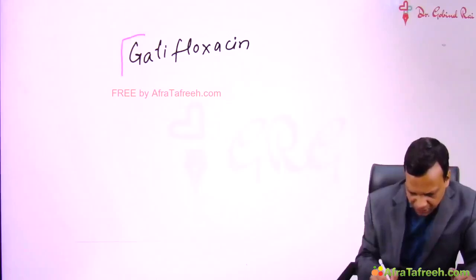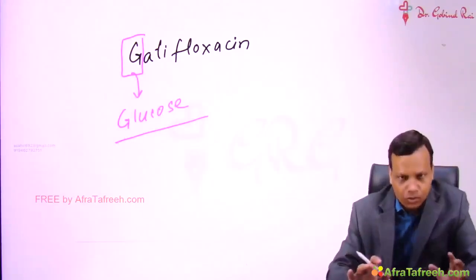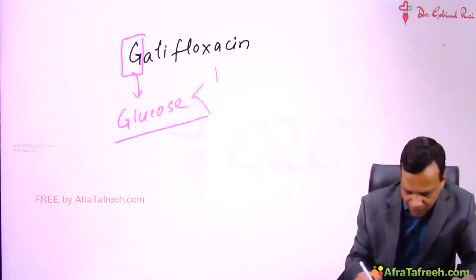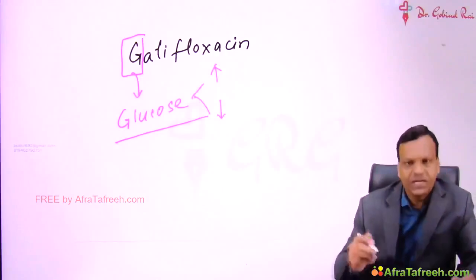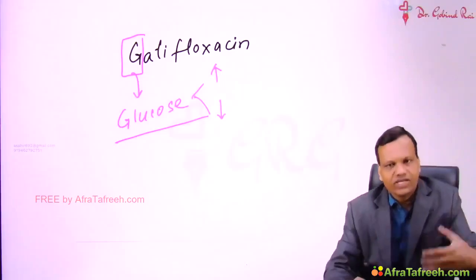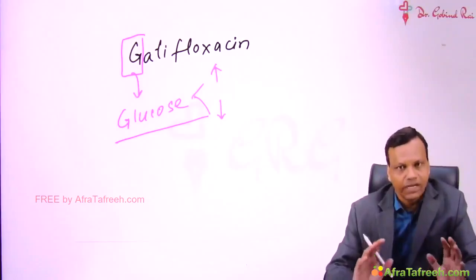You can remember G for gatifloxacin, G for glucose. Gatifloxacin can affect the blood glucose. It causes dysglycemia. In some people it can lead to hyperglycemia, in some people to hypoglycemia. Due to this side effect of dysglycemia, gatifloxacin has already been withdrawn from India.